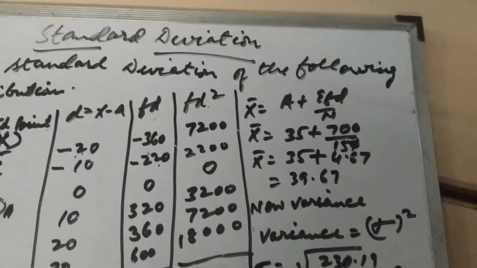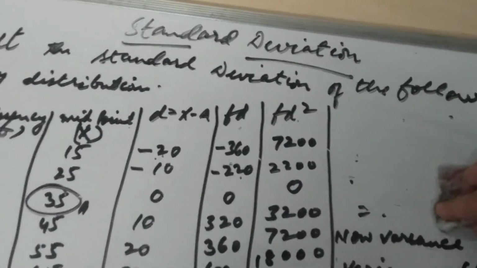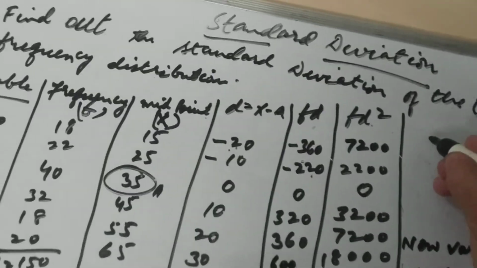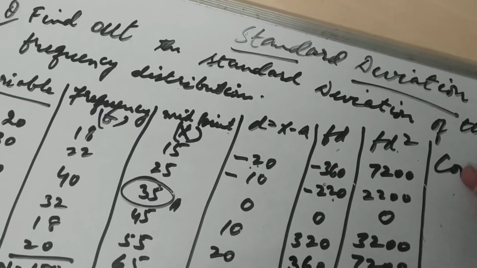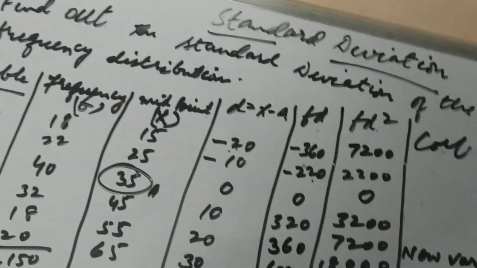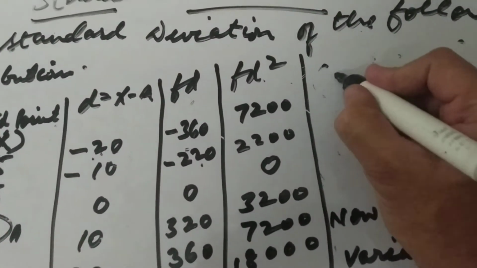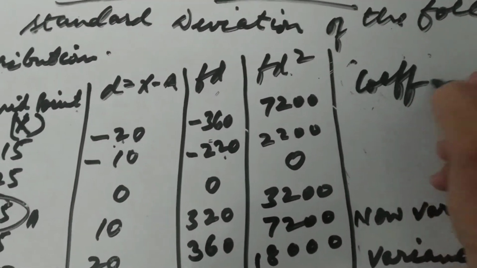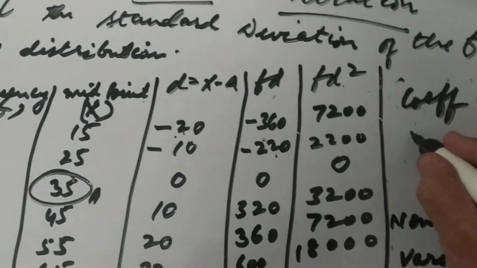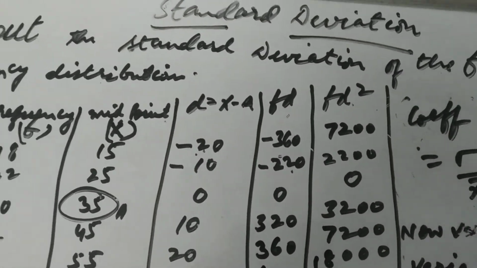There is another part which is being asked. So let me rub this place so that I can explain this part to you. They ask you, how would you calculate coefficient of standard deviation? Let me write this, coefficient of standard deviation. It's a simple formula, which is equal to standard deviation upon x bar.